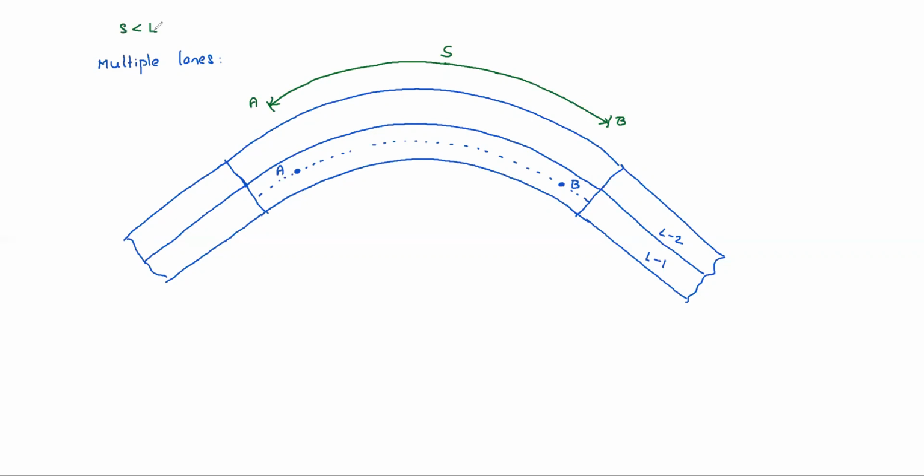So generally, the radius of curve is up to the center line of the road. So here the center line of the road is different. I will mark that center line of the road for you.